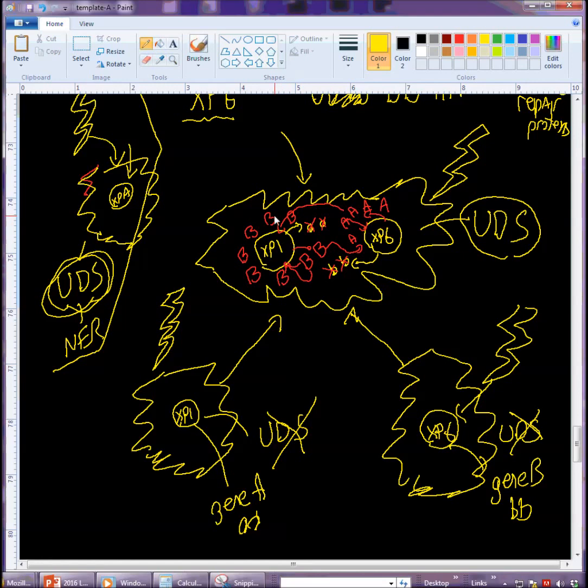So XP1, if you remember, is mutated in gene A, but it has normal B. XP6 is mutated in gene B, but it has a normal A. So when they complement each other like this, this is called genetic complementation. So the normal phenotype is restored, and we call that complementation.